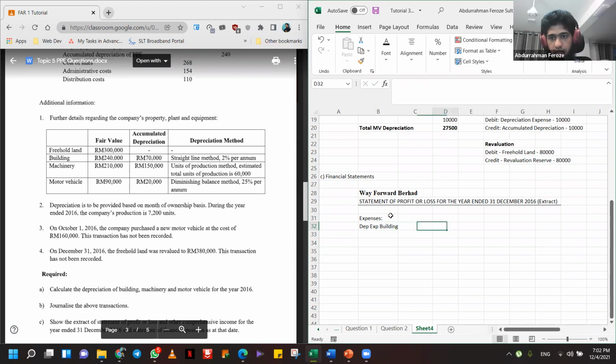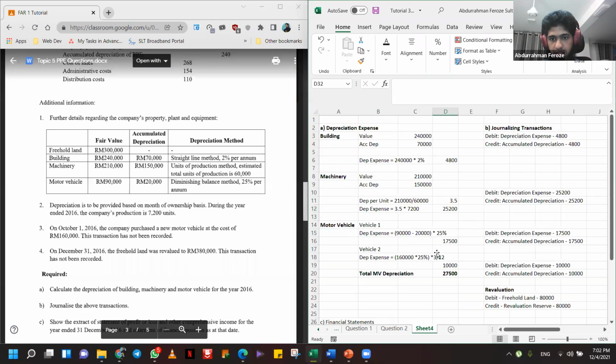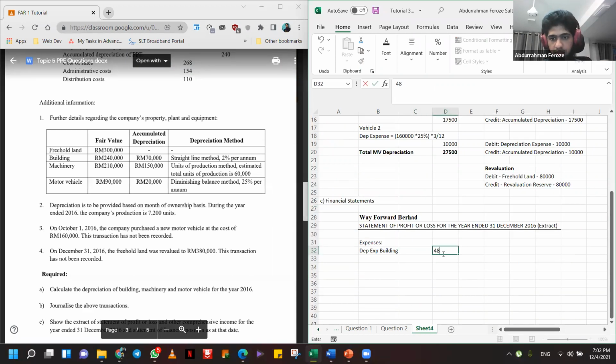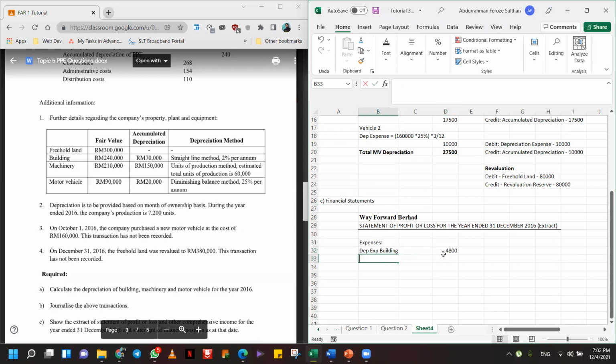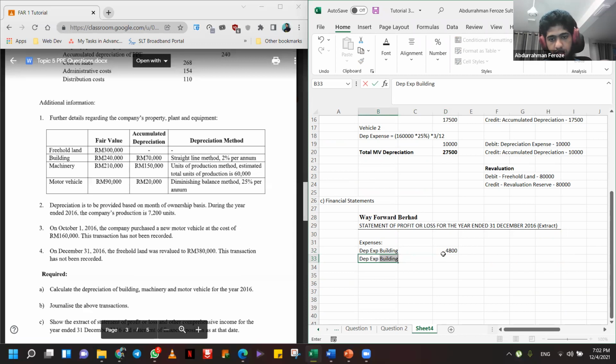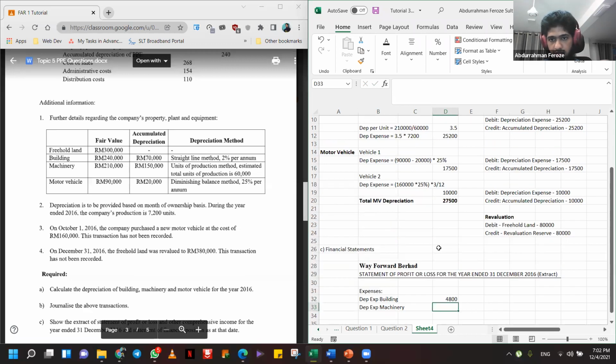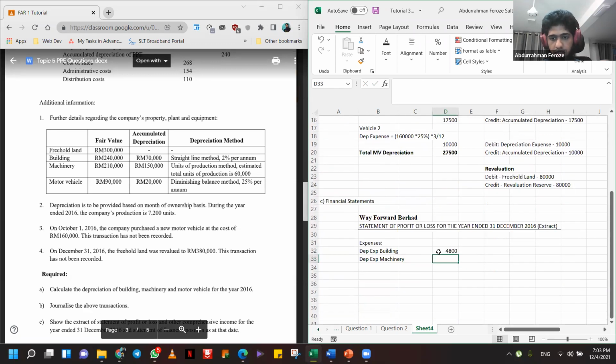How much is the depreciation expense for building? It's 4,800, right? Yes, 4,800. And then we have depreciation expense for machinery. How much is this one? 25,200, correct? 25,200.